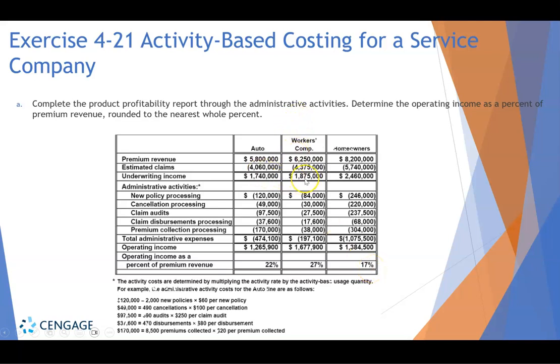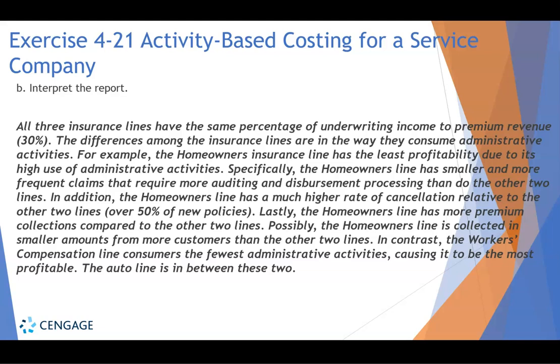When we show the use of these activities by the insurance line, you see that homeowners actually is the least profitable as a percent of premium revenues. All of them have the same percentage of underwriting income to premium revenue, but the differences show in the way they consume those administrative activities.